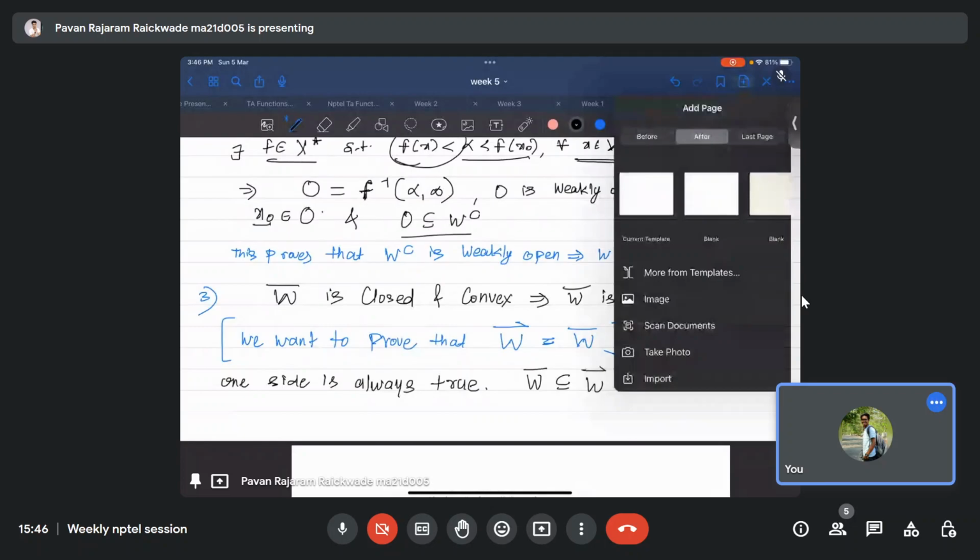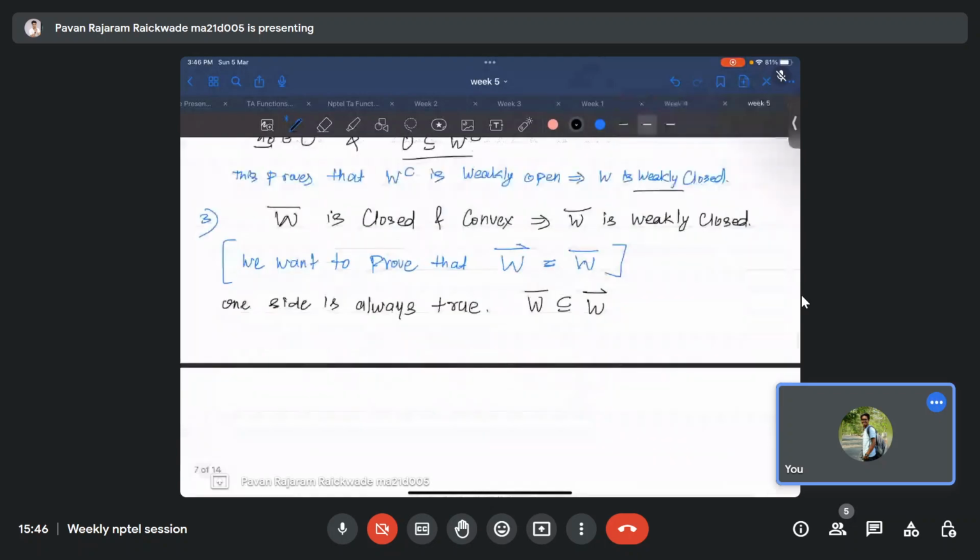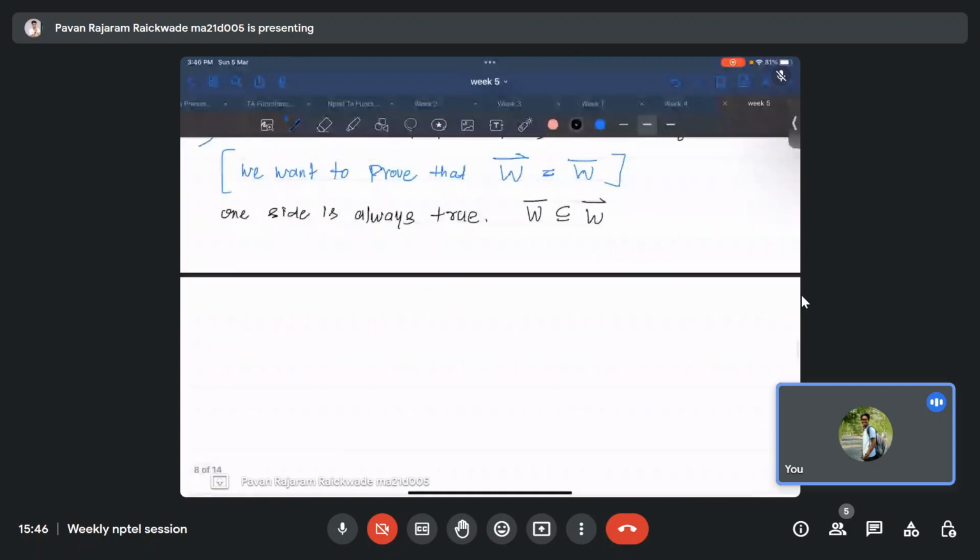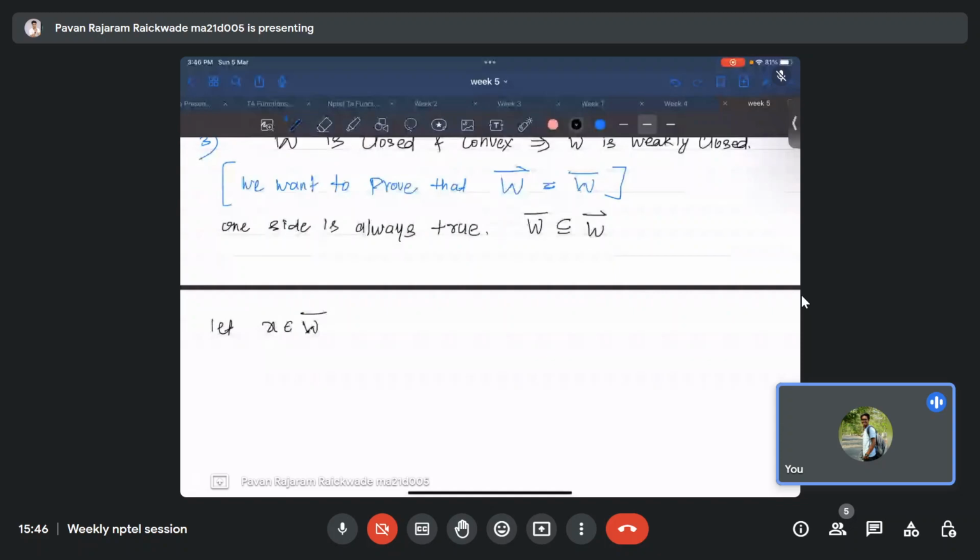How is that true? If you take any x belonging to the weak closure of W, that means any weakly open set containing x intersects W. But the best thing here is that every weakly open set is itself norm open.